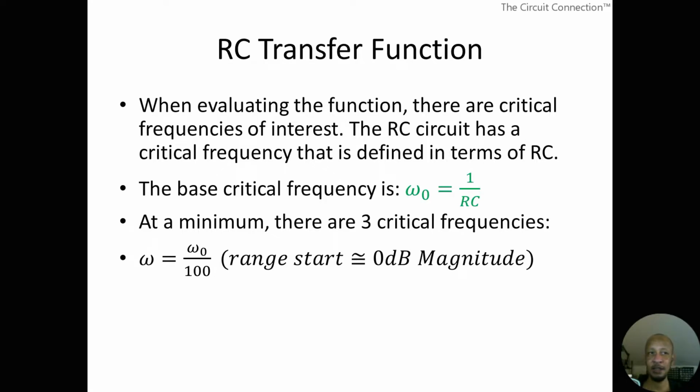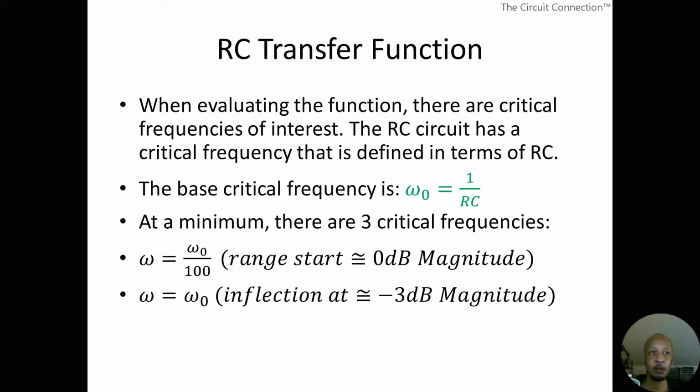Omega is not, it's the variable. So when omega is equal to omega 0 divided by 100, that's the start of your range. And for this particular circuit, this is approximately 0 dB in magnitude. That's just the characteristic of this circuit.